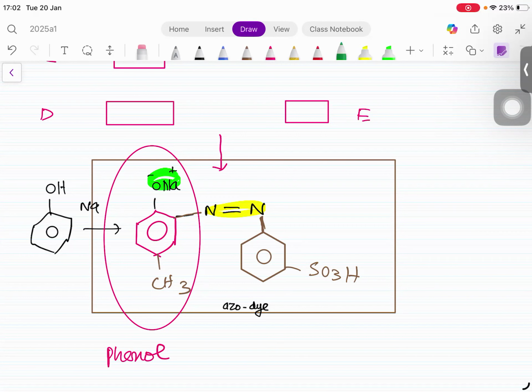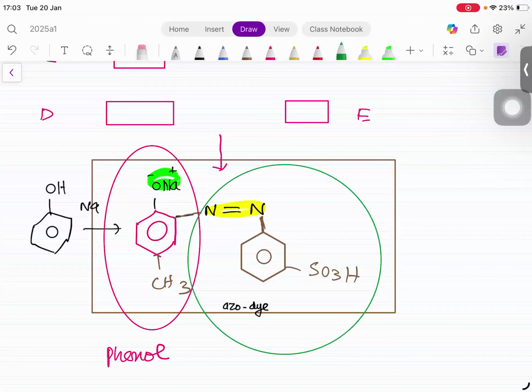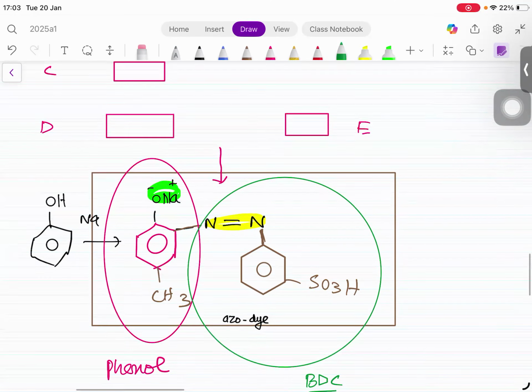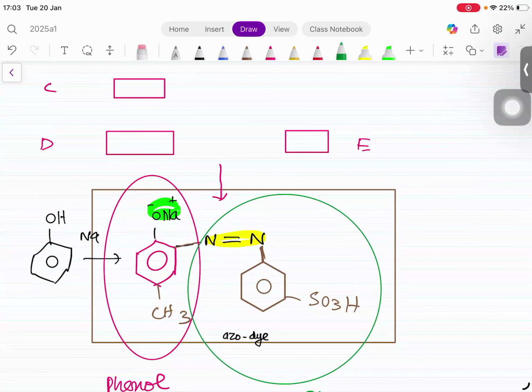And this part of the molecule is BDC. Okay? This is the phenol and this is what? BDC. Now I know the E part of the compound. So let me write E first of all. E is my BDC.